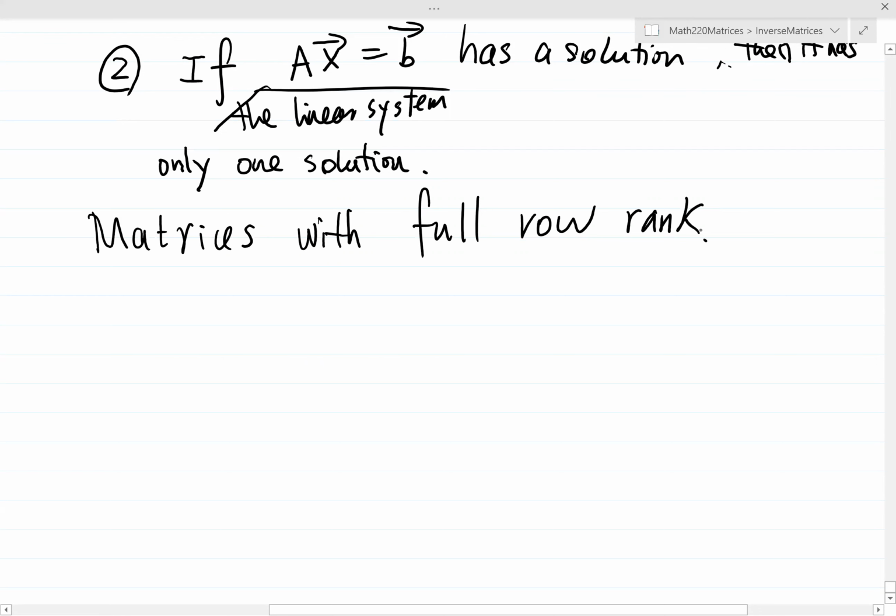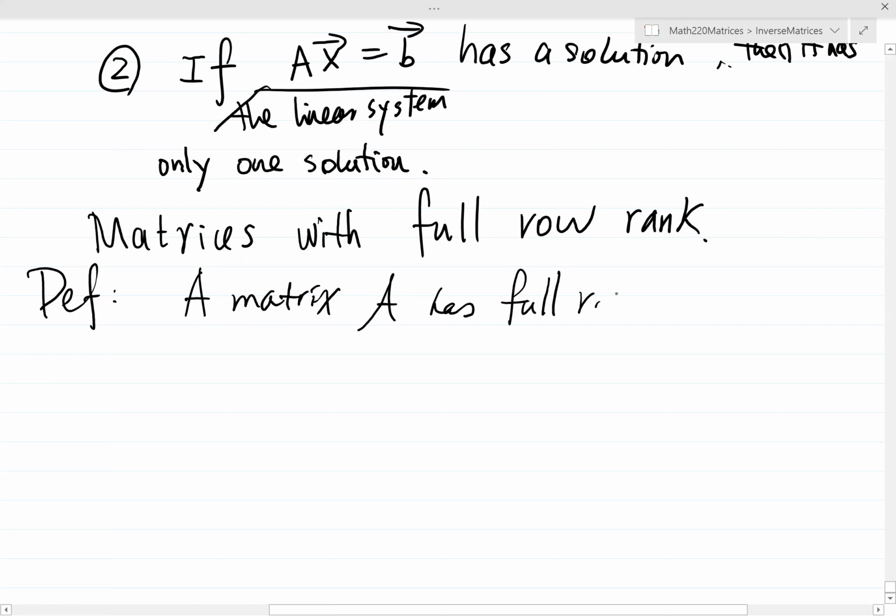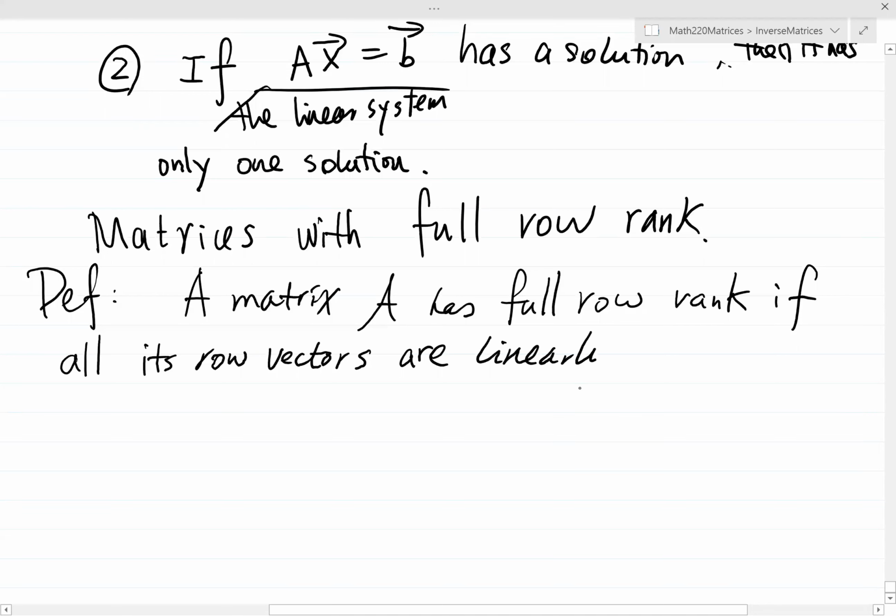Definition: a matrix A has full row rank if all its row vectors are linearly independent, i.e., the row vectors span a vector space of the largest possible dimension.